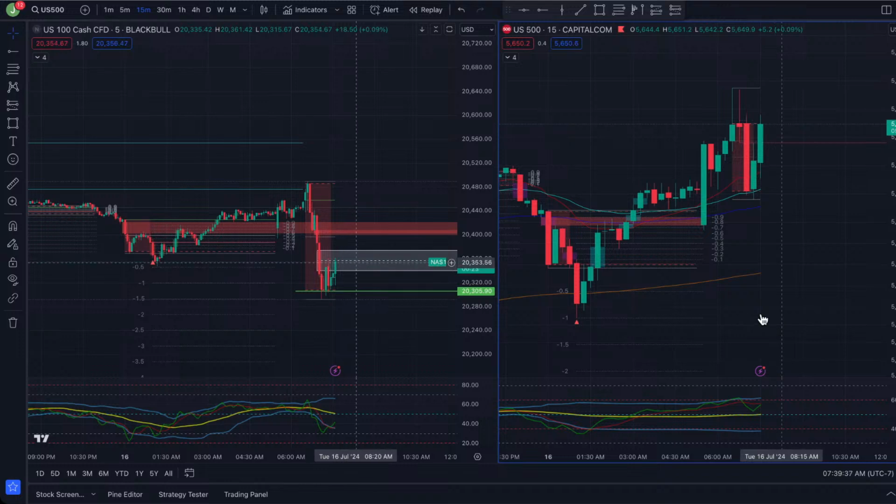Now we're right up against that fair value gap. I want to see if it gets over.